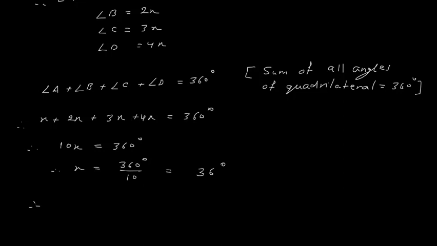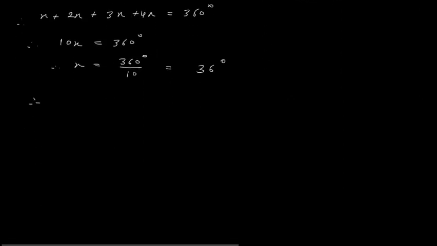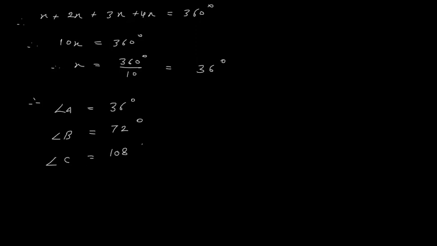Therefore angle A is equal to 36 degree, angle B is equal to 72 degree, angle C is 3 times 36, which is 108 degree, and angle D is 4 times 36, which is 144 degree.